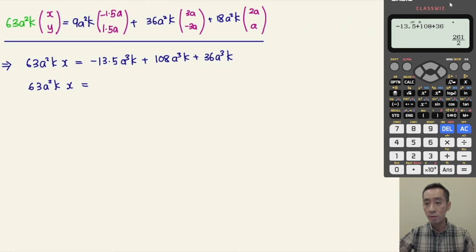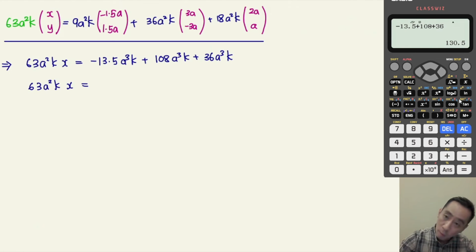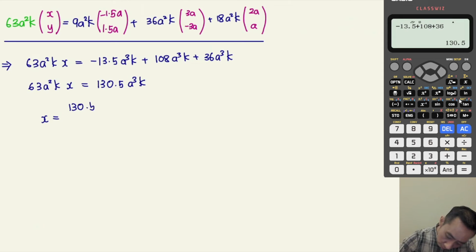So here I have 130.5a power 3k. So to find the x, 130.5a power 3k divided by 63a squared k.